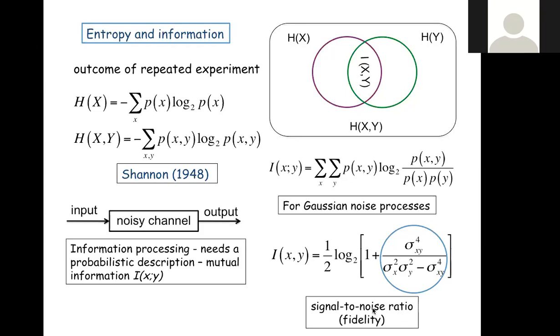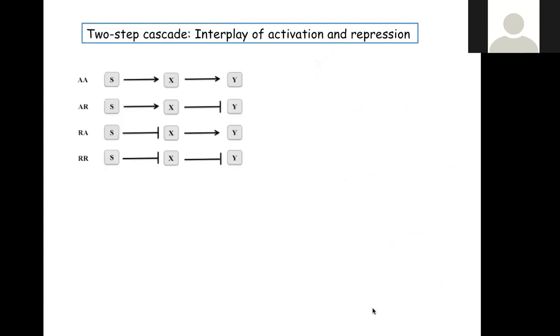Now, given all these backgrounds, I will bring in a very simple system of a two-step cascade. The two-step cascade has three gene products: S, X, and Y. They interact with each other in different ways.